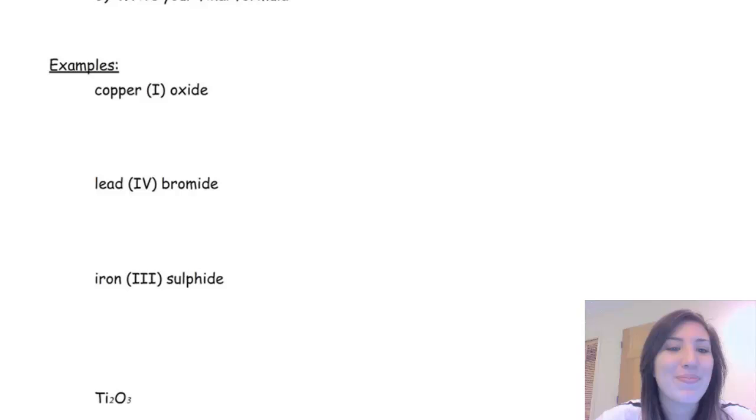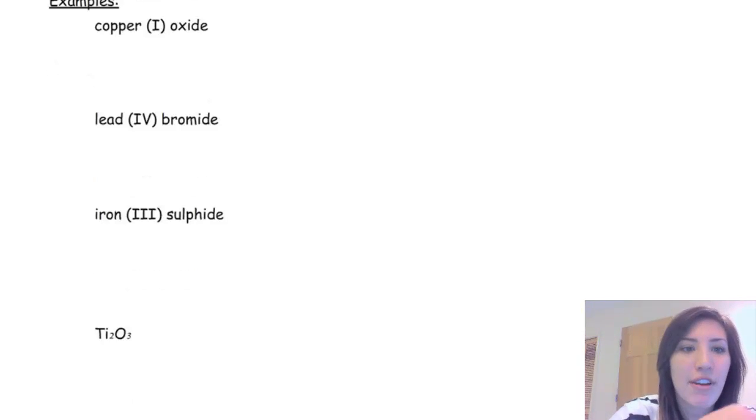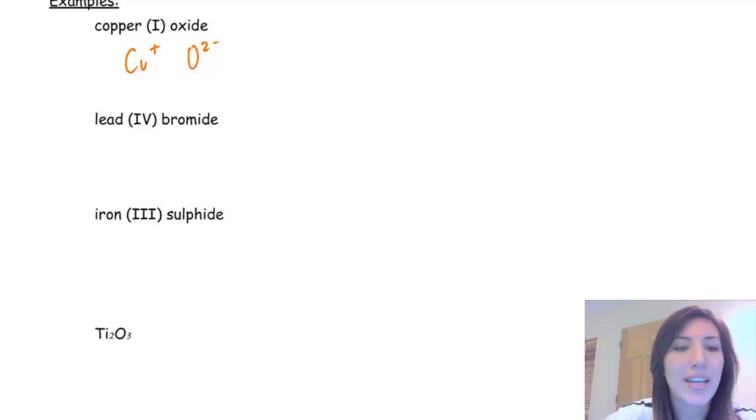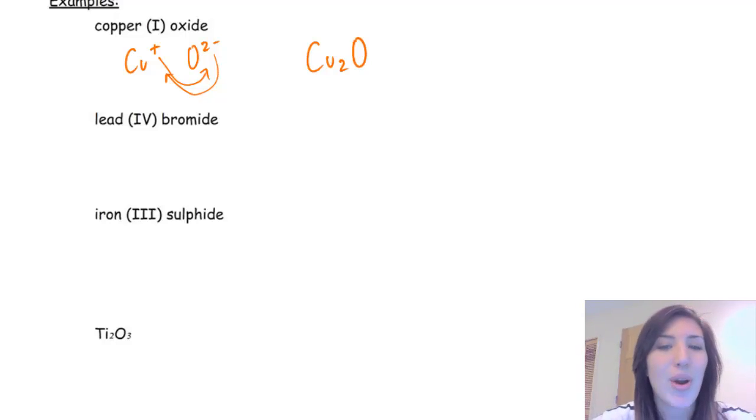Let's try some. Copper(I) oxide. Well, first let's identify what we've got. We've got copper, Cu, and it's 1+, and oxide is oxygen, that's 2-. So if we do the crossover method, this 1 swings down here and this 2 swings down here. So we get copper with a little subscript 2 of them and 1 O. There we go.